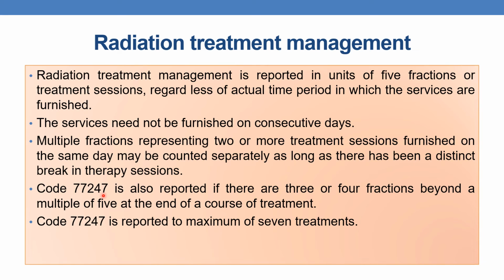In addition to the 5, if there are 3 or 4 fractions beyond the multiple of 5, that is, if there are 8 or 9 treatment sessions, then you can use 2 units of 77247. But if the fractions are less than 2, then only 1 77247 is reported.